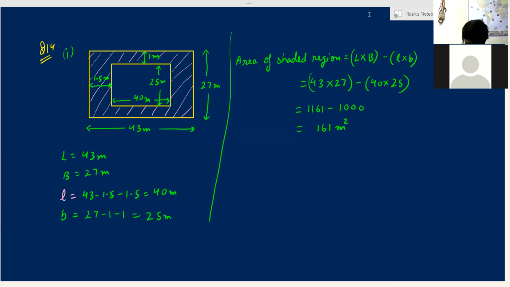Those who have done the first part, they can now start trying the second part of question 14.